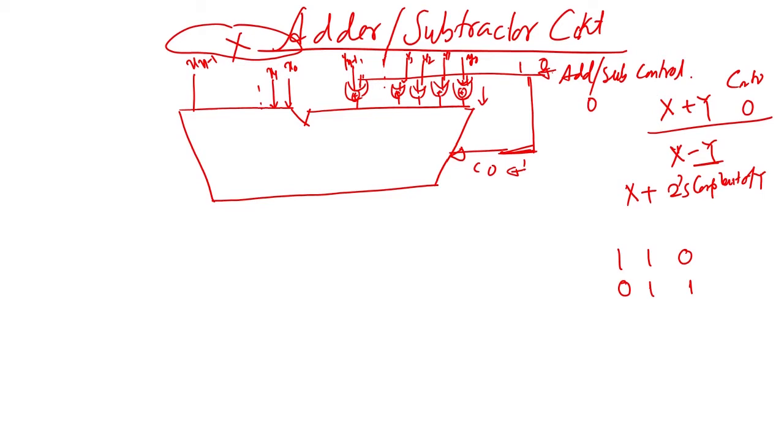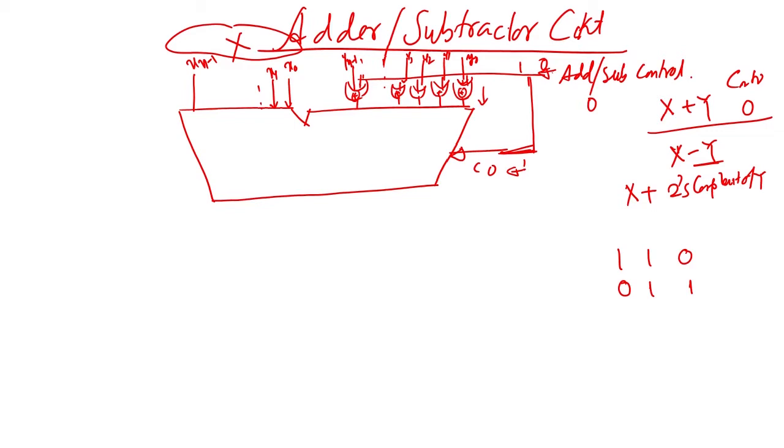Now there is something to tell here. The adder subtractor circuit obviously faces overflow and underflow, which we studied earlier. How do you detect that there is overflow?